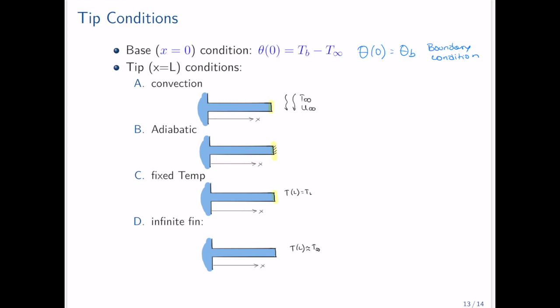For the convection boundary condition, we have that minus K multiplied by the cross-sectional area multiplied by d theta dx at x equal to L is equal to h multiplied by the area multiplied by theta of L. Remember that theta of L, in this case, will be T L minus T infinity.